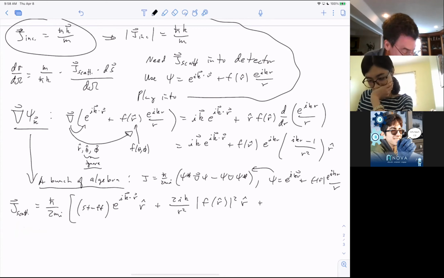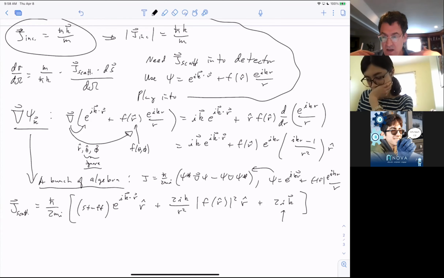You'll see there'll be a term plus 2ik, but that's just going to be the incident flux. So when you actually calculate the flux at the detector, there'll be the incident flux plus the scattered flux.